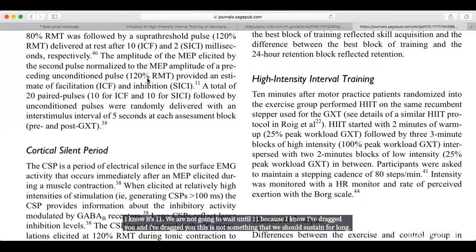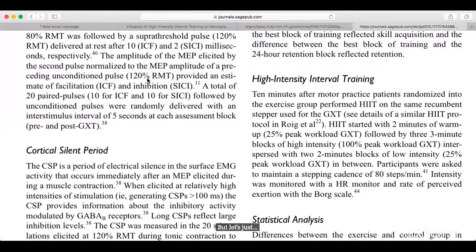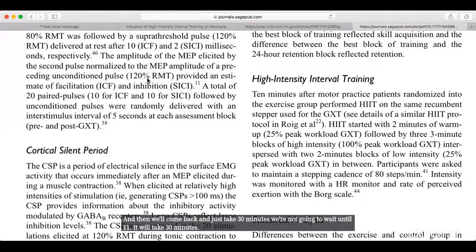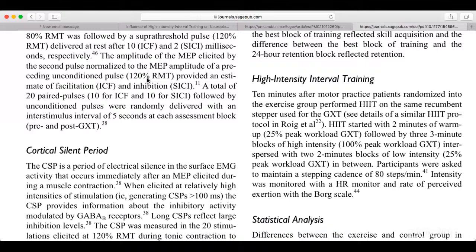But let's just, if someone wants to tell us a joke, please feel free. We'll take 5 minutes. Just do something that is not serious. And then we'll come back and take 30 minutes to practice this.